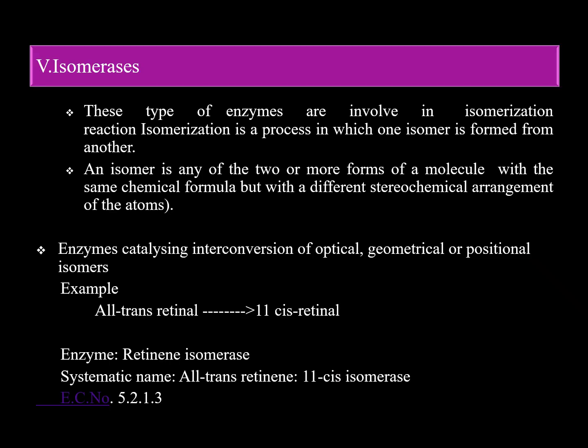Now we move to the fifth class, isomerases. Isomerases convert one isomer into another. This means they rearrange atoms within the same molecule. These reactions do not add or remove atoms. They only rearrange the structure so that the molecule becomes a different form.